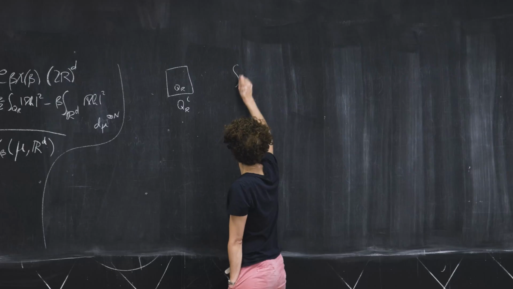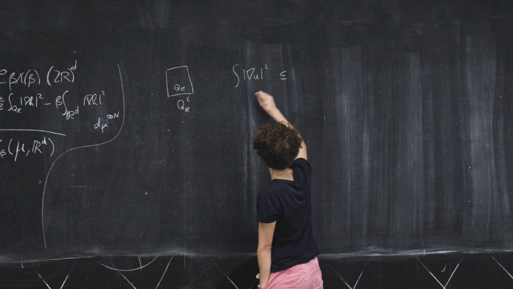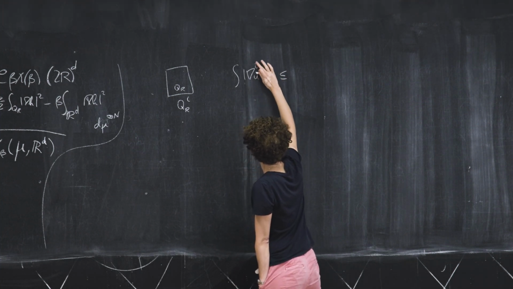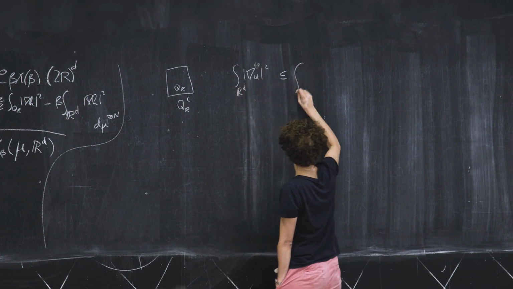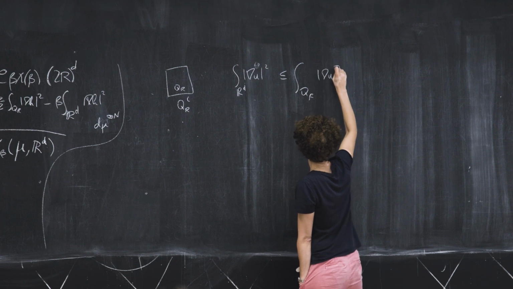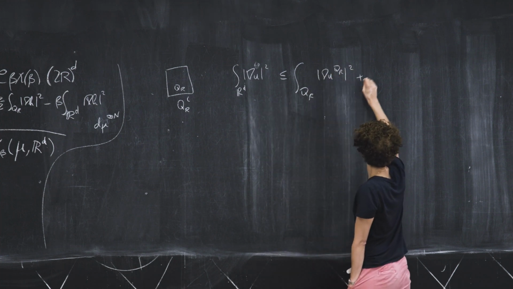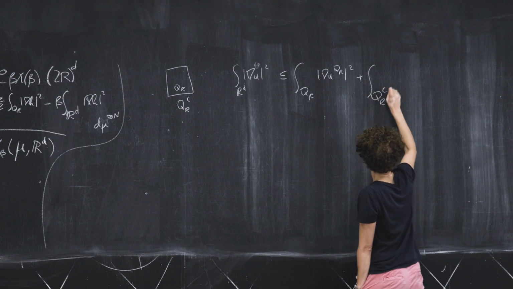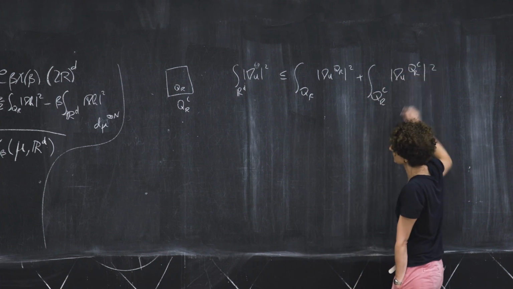I can certainly write the thing with the u's, right? The grad u squared for the whole space. I can bound it by the integral over QR. So these ones are the ones solving with Neumann boundary condition. So this is just recalling something we said this morning.